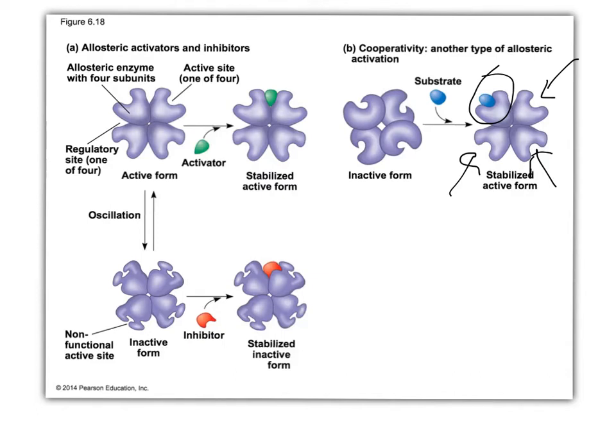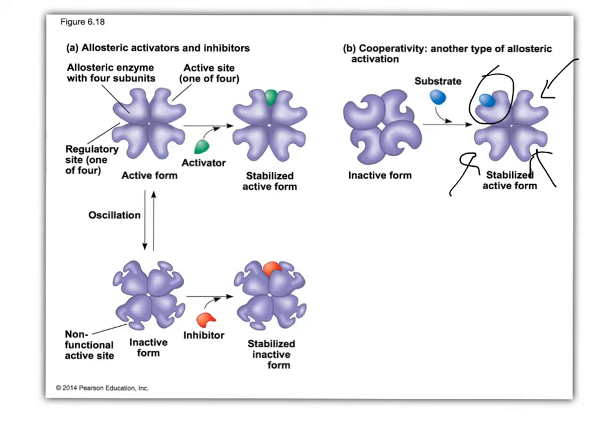And then finally down here you have the formation of an inhibitor. The inhibitor binds to this. In this case, this enzyme has a regulatory site that can be bound by an activator or an inhibitor. That's not the case in all enzymes.